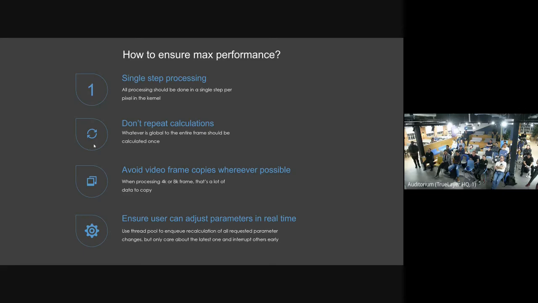We can introduce some delay, some debouncing, but that wasn't an ideal solution for me. I ended up using a thread pool to queue all those calculations that you do while dragging, and then interrupting every not relevant one early and only leaving the latest one. So you don't feel any delay while doing that, while using all the computational power that you want.